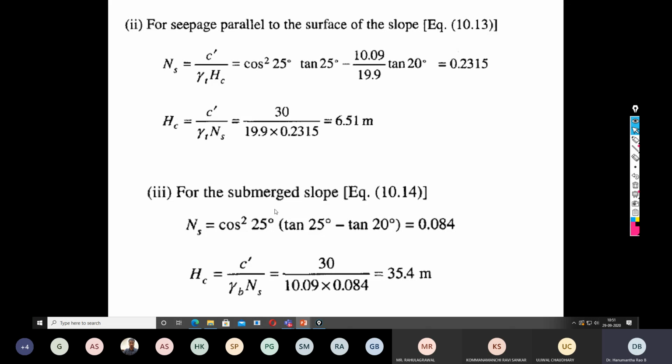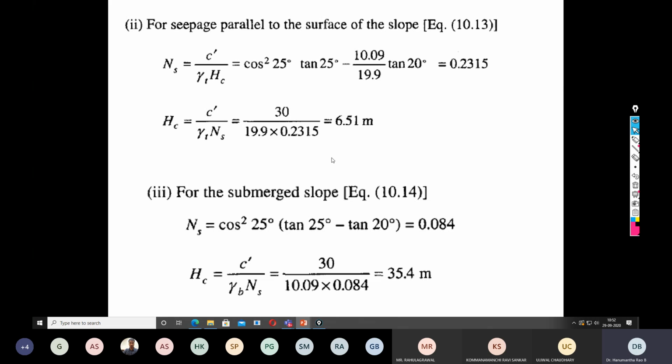It is completely submerged. Seepage means when water is flowing within the soil sample, it causes a force called seepage force. It is not in the direction of the gravitational force, so when there is a seepage force, it is gravity plus seepage together, which will weaken the slope. That is the reason you are getting the least height.